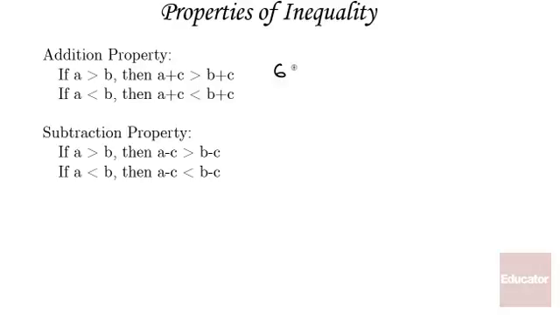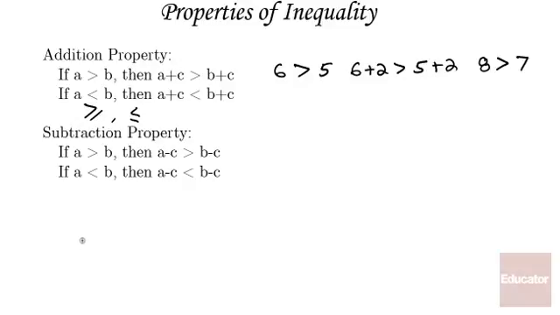If I said that 6 is greater than 5, and then I decided to add 2 to both sides, 8 is greater than 7. So this still holds up. So you're allowed to add the same number to both sides of an inequality. And that is true for both greater than and less than, and it's also true for greater than or equal to and less than or equal to.